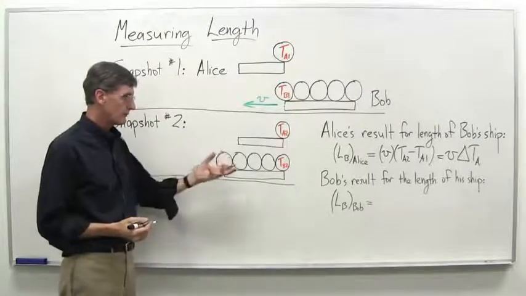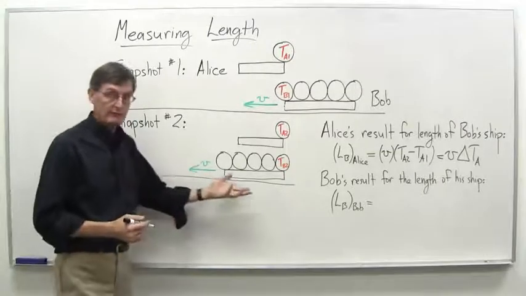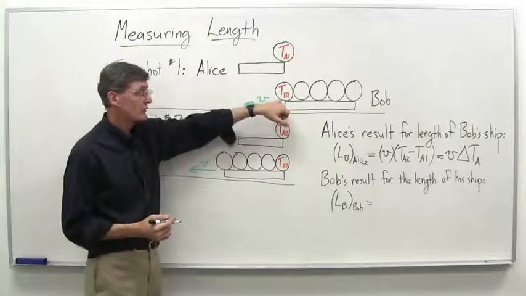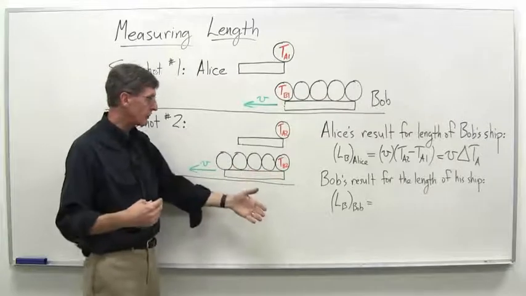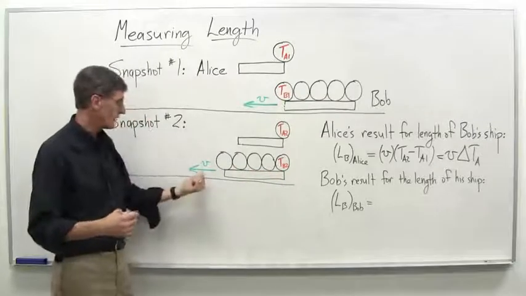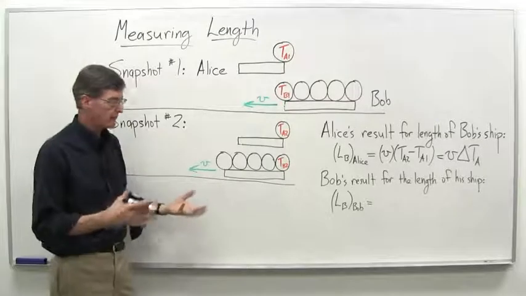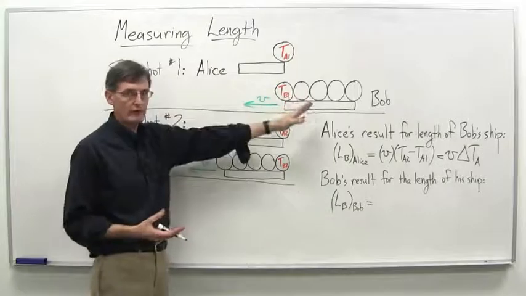And then Bob says, well, I can also get the length of my ship from our little experiment here because the photographs record TB1 and TB2. So that's my elapsed time in terms of my clocks. I know I'm going at a velocity v, or really, you could think of it from his perspective as he could imagine he's at rest and Alice is going by.